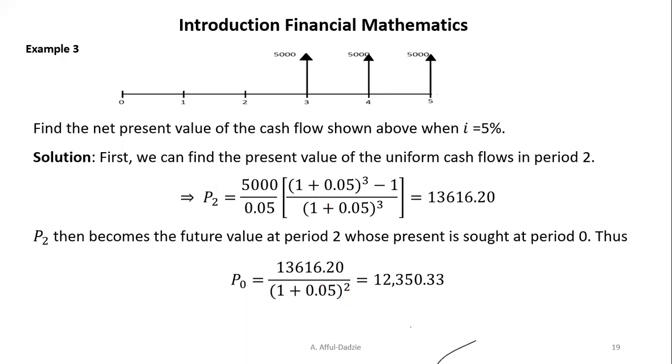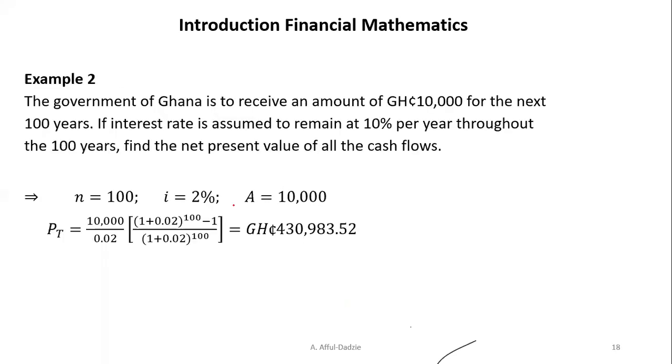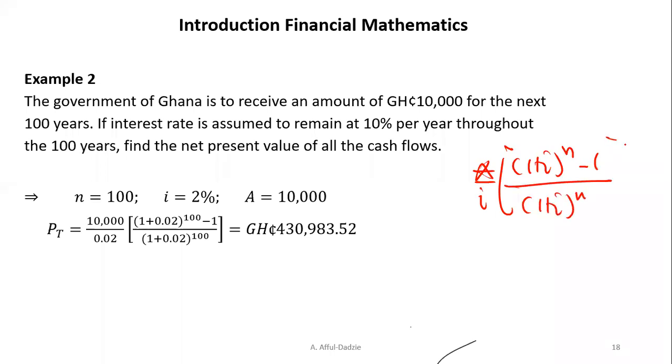All right, so let's look at a situation like this. There's a caveat, a little problem with this, so I need you to understand this. When you apply the formula A over I, (1 plus I to the power n minus 1) over 1 plus I to the power n, the net present value for the uniform cash flow formula, it takes you to the period immediately preceding the beginning of the cash flow.